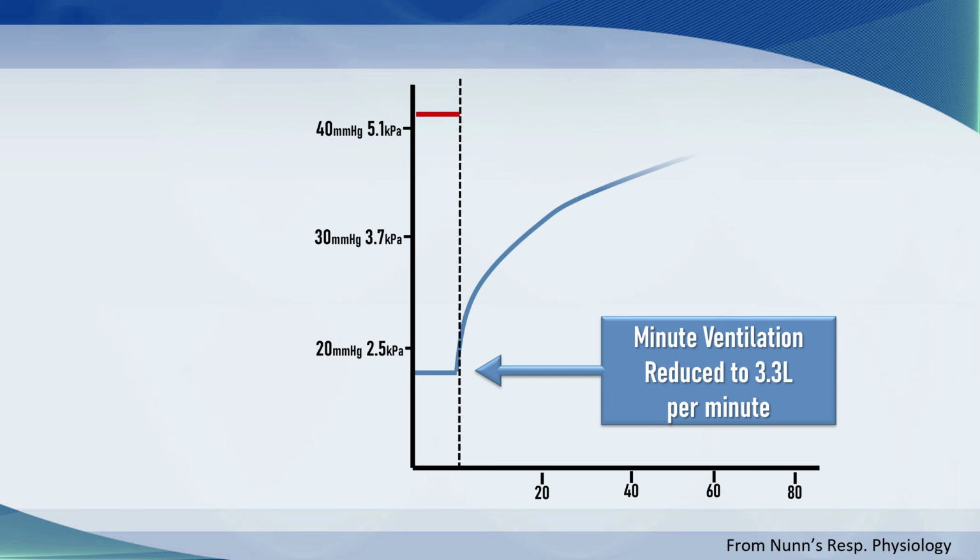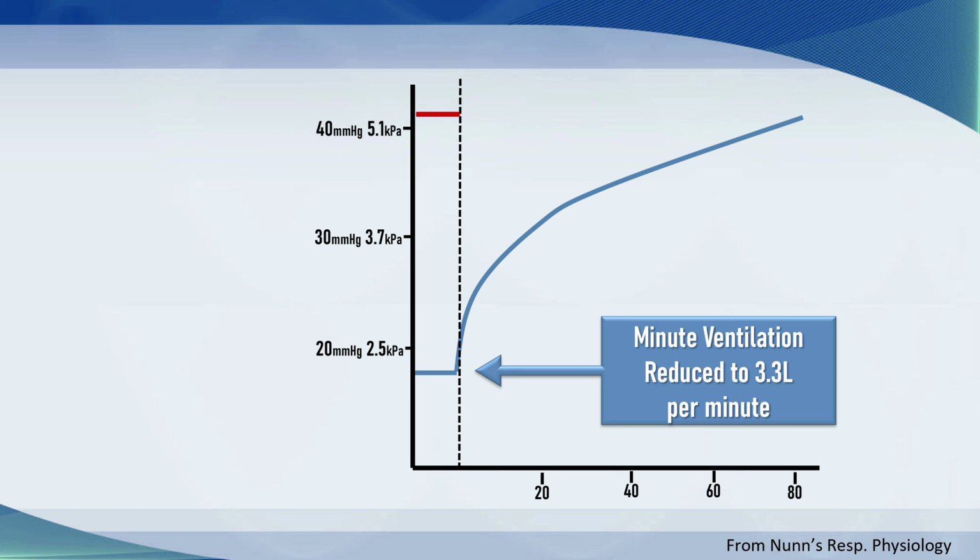Now look what happens. You can see that the buildup of CO2 is much slower than the washout of CO2, and the reason for this is because CO2 is being produced at 200 mils per minute, and the plasma buildup is proportionate to the metabolic activity.